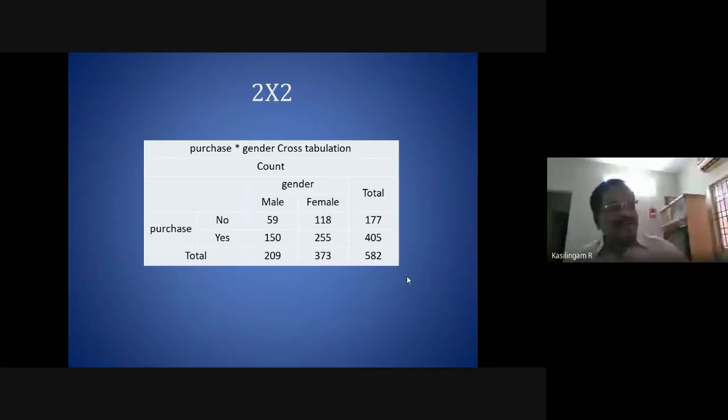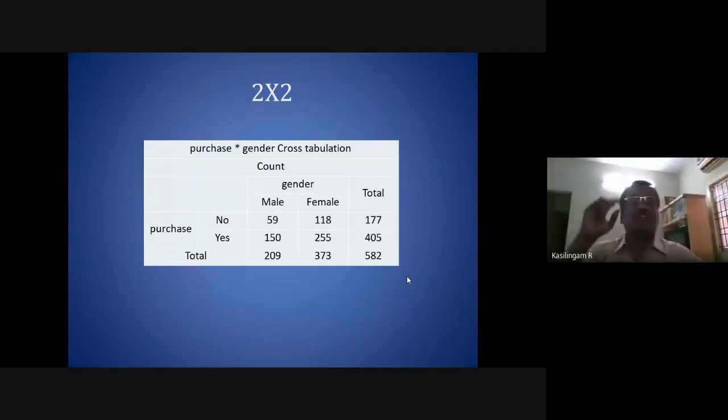That becomes their own contribution. When somebody said we should not use a 2 by 2 matrix, then another gentleman said no, we can use it, but with the Yates correction. We can use the Yates correction for a 2 by 2 matrix.